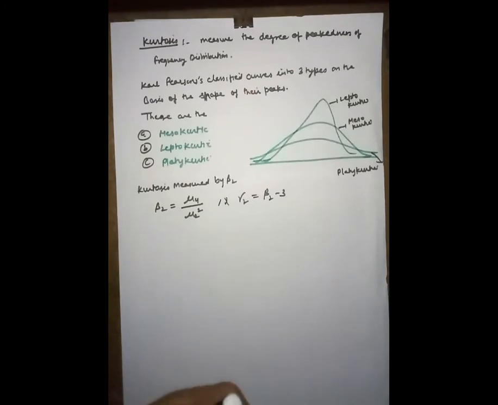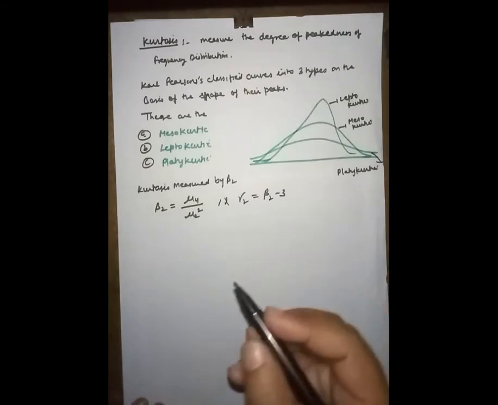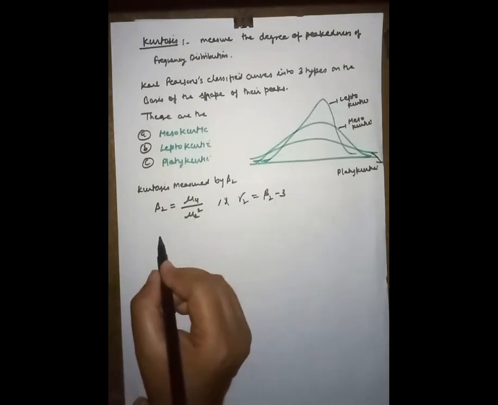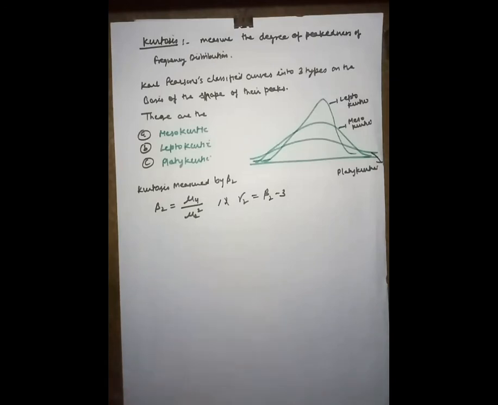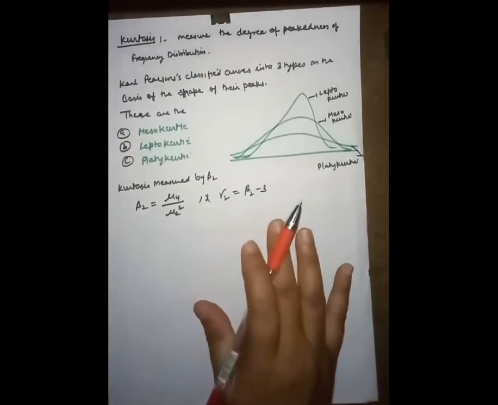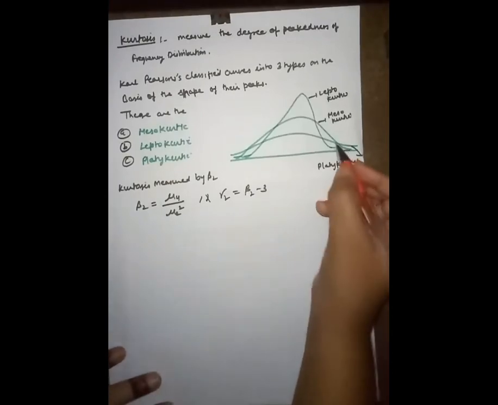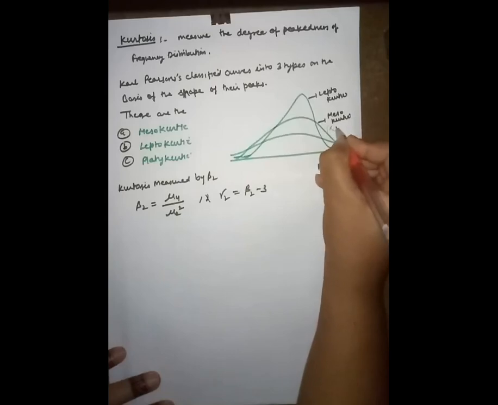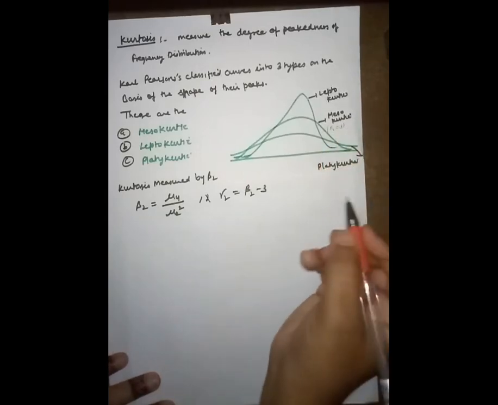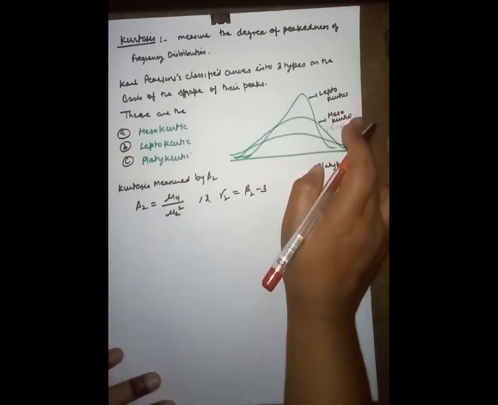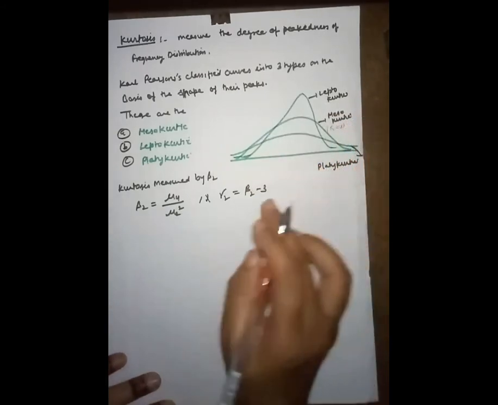So friends, when beta 2 equals 3, or gamma 2 equals 0, two cases arise, and the curve is mesokurtic.